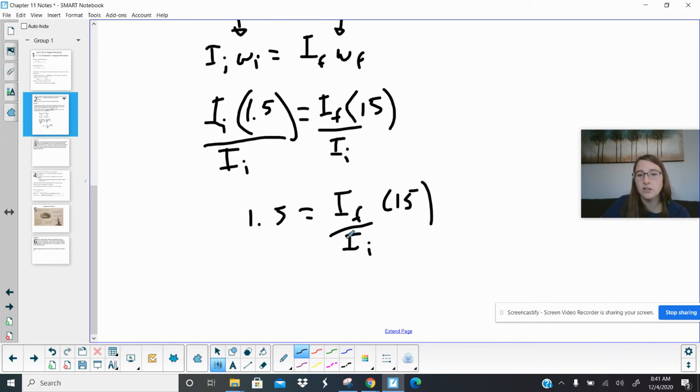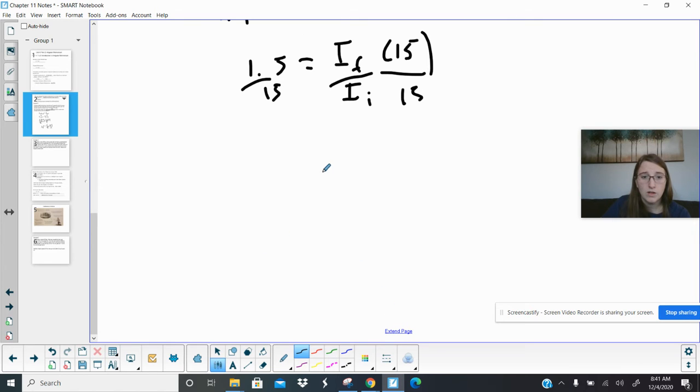This compares my final to my initial. Then I do the same thing and move the 15 over, so we have inertia final over inertia initial. Once again, this tells me how my final compares to my initial.